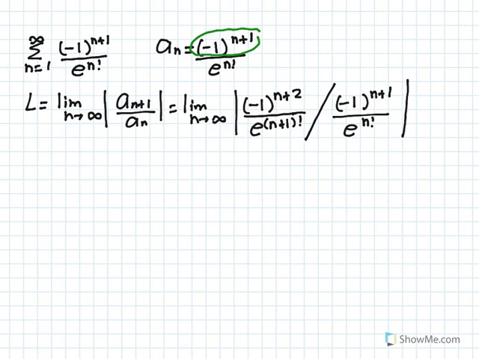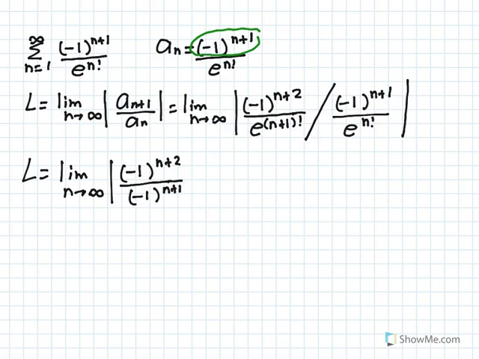Now let's simplify this. So L is equal to the limit as n approaches infinity of the absolute value of negative 1 to the power of n plus 2 divided by negative 1 to the power of n plus 1. Everything else is positive, so we don't need the absolute value. Flipping this fraction, we get e to the n factorial divided by e to the power of n plus 1 factorial.